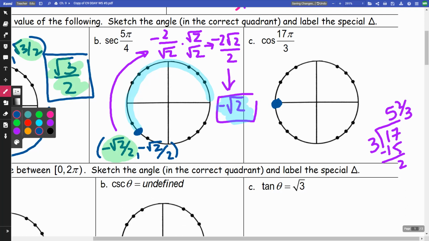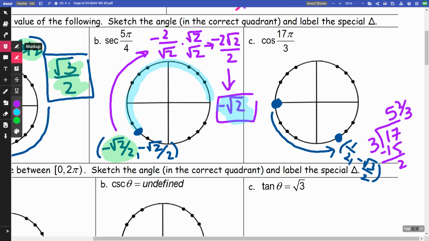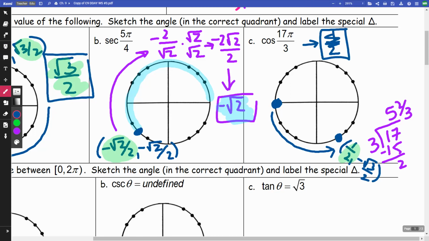And from there, I'm going to go 2/3 pi, which is going to be here. This is where I'm going to be. And so this is a positive 1/2 comma negative root 3 over 2. I want my cosine, so my answer is 1/2. That's my answer.